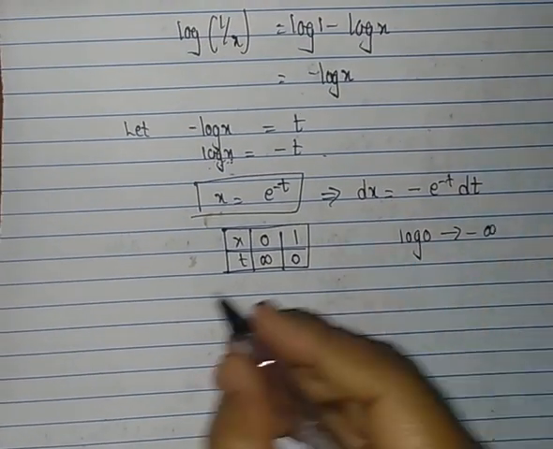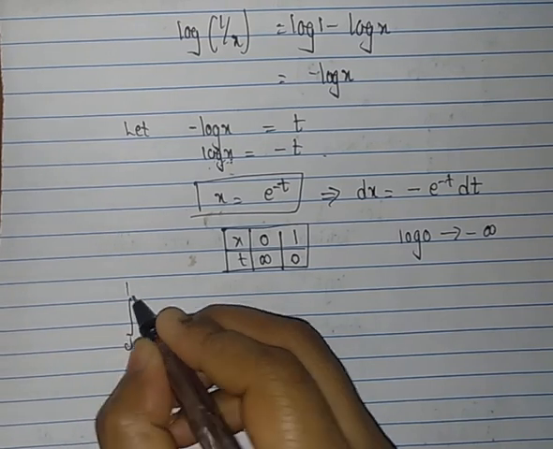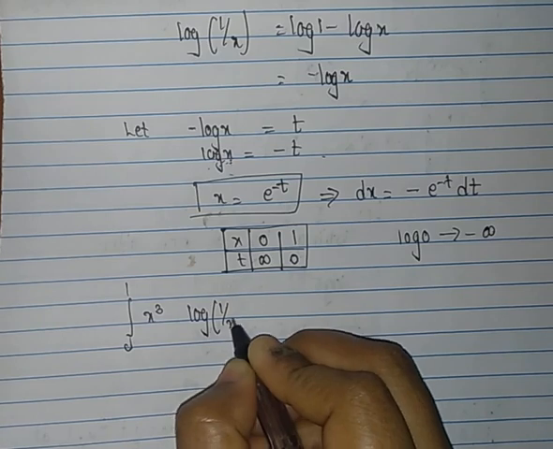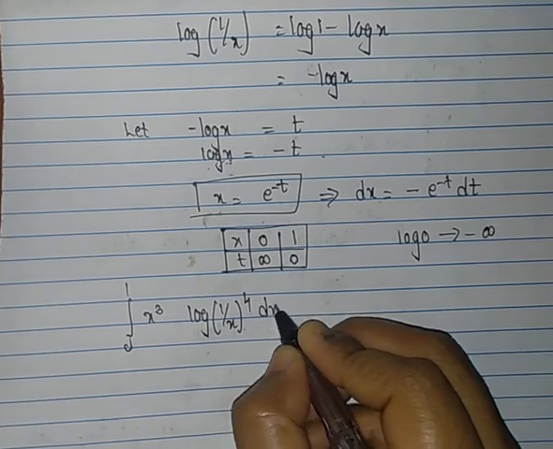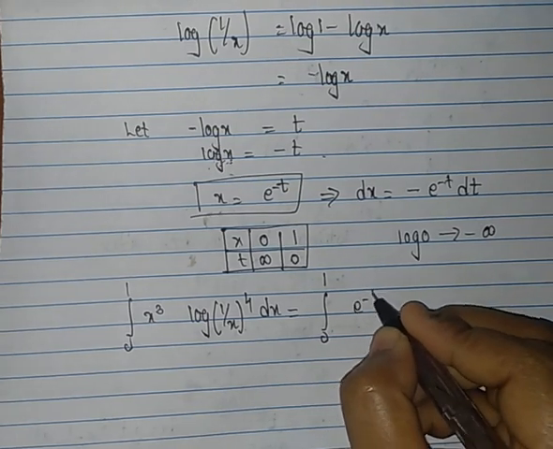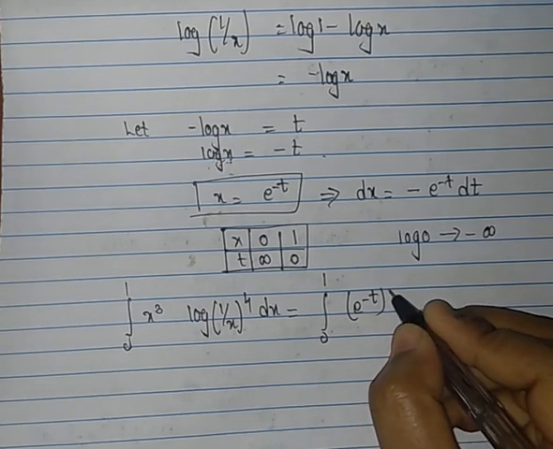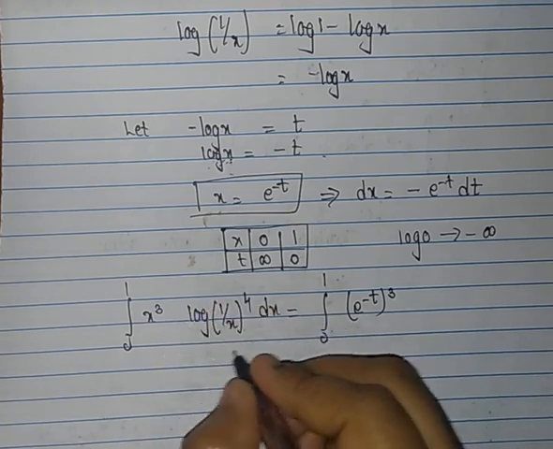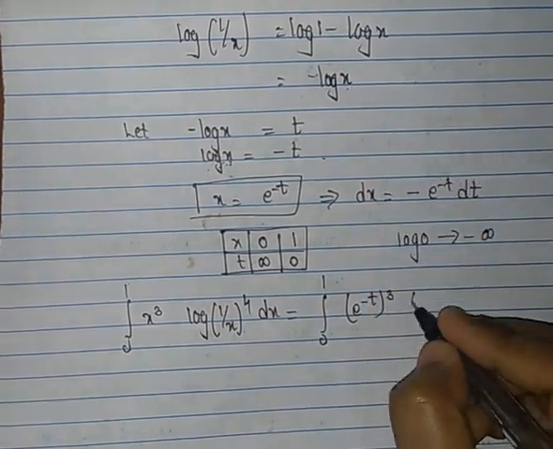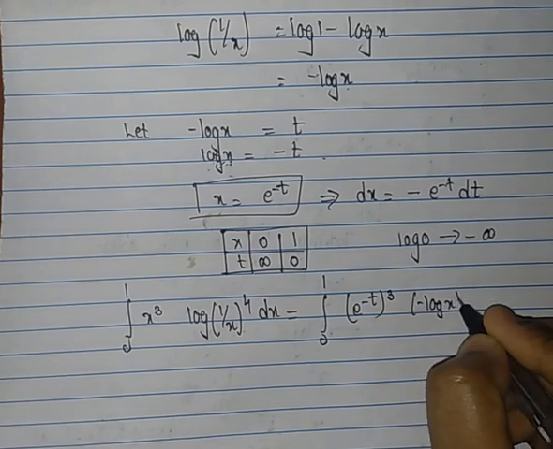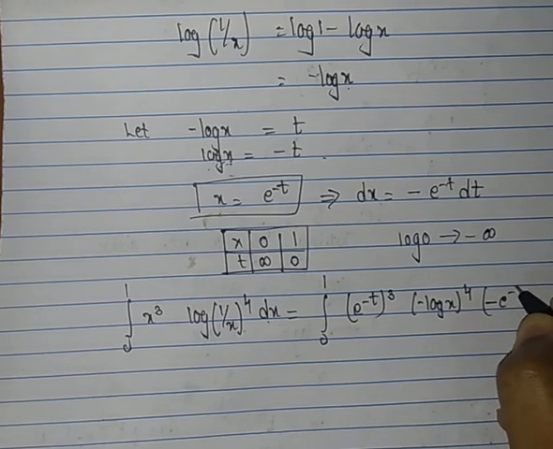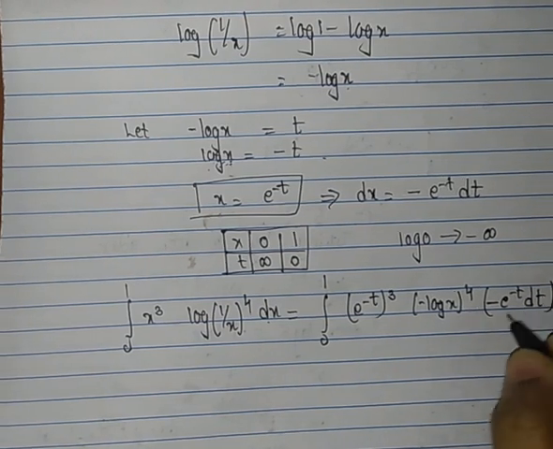After that, what's the given integral? Integral 0 to 1 x cube log of 1 by x, the whole raised to 4, into dx. x cube, with x being e raised to minus t, the whole raised to 3, times log of 1 by x, which turns out to be minus log x, the whole raised to 4. The value of dx is minus e raised to minus t into dt.